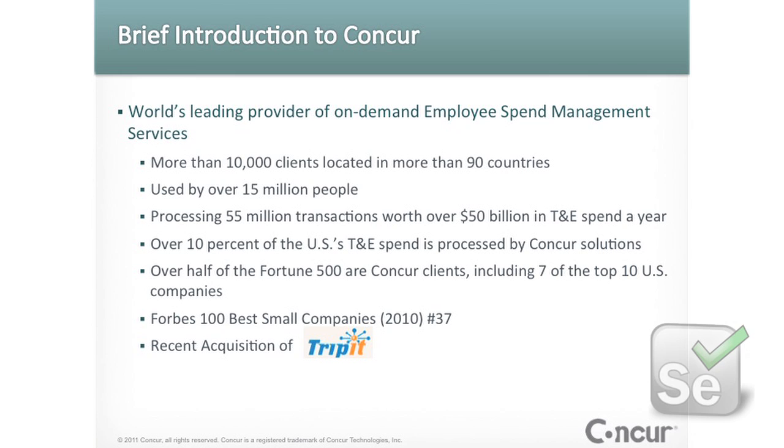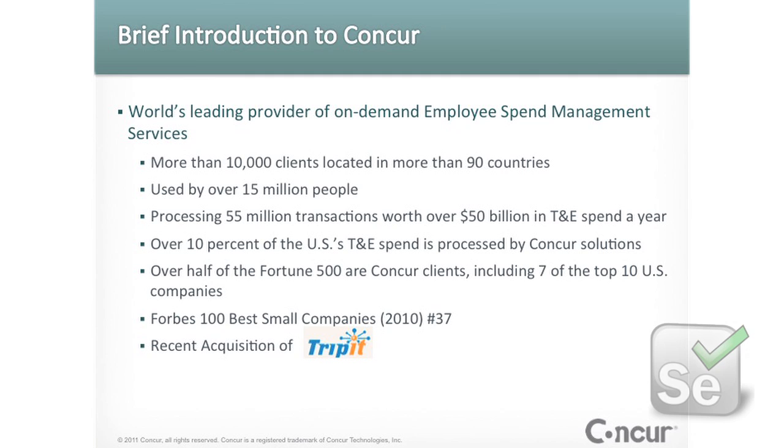So who is Concur? We're the world's leading provider of on-demand employee spend management. Hopefully some of you will be using Concur solutions when you go back to your office to file your expense report. Also, hopefully some of you use Concur solutions to book your trip to come here. So that's essentially what we do. We have over 10,000 clients in 90 countries, about 15 million users.